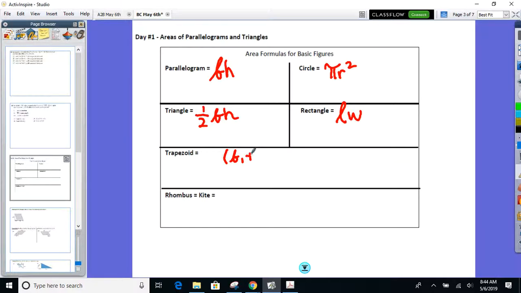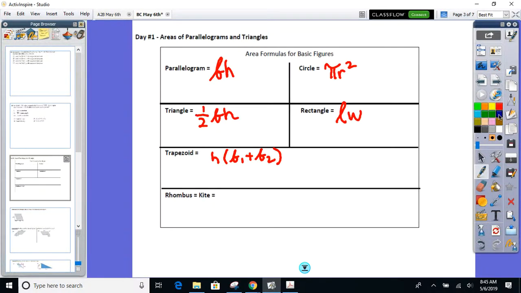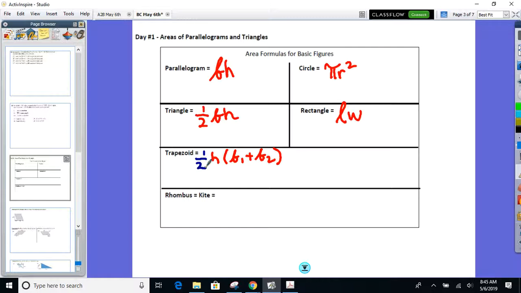So base 1 plus base 2, that's what those B's mean here. There's also something else to a trapezoid that we're going to need to involve: the height. So when you add the bases, you multiply it by its height and divide by 2, or multiply by 1/2. I like the 1/2 out front, so 1/2 the height multiplied by the bases.